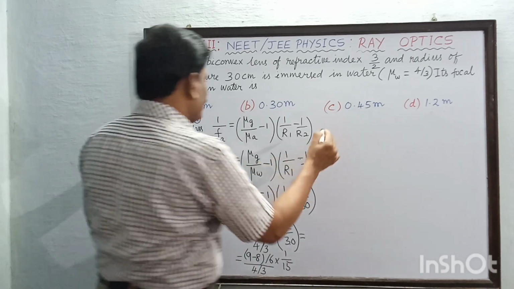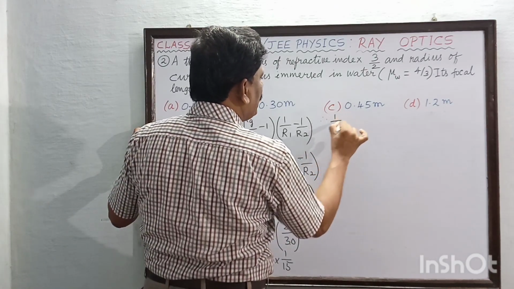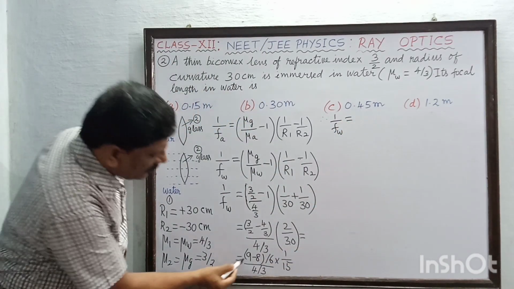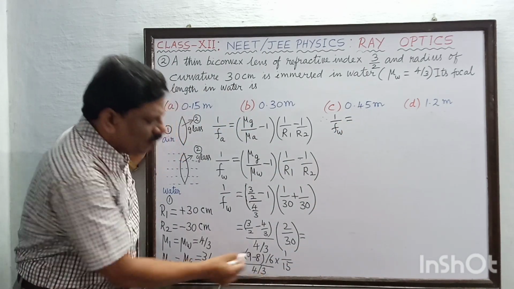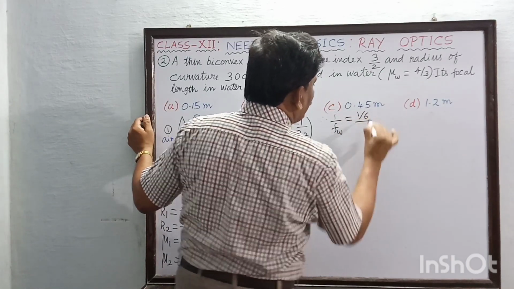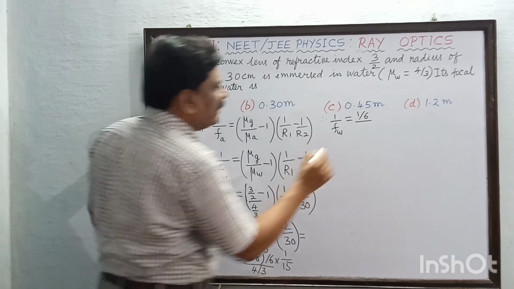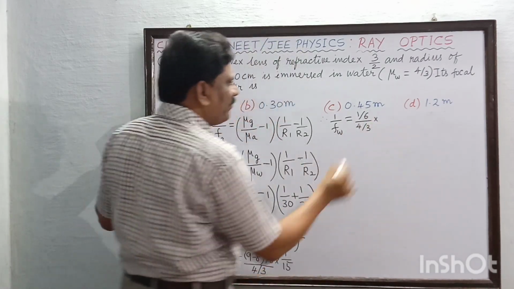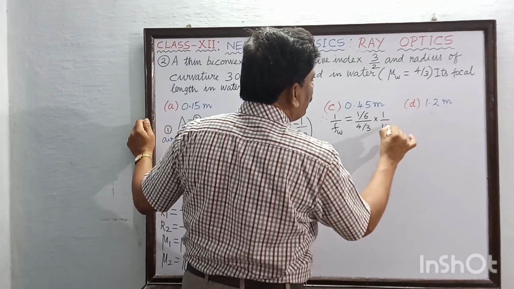So once again I am rewriting. Therefore 1 by Fw is equal to 9 minus 8 by 6, which is 1/6, divided by 4 by 3, into 1 by 15.